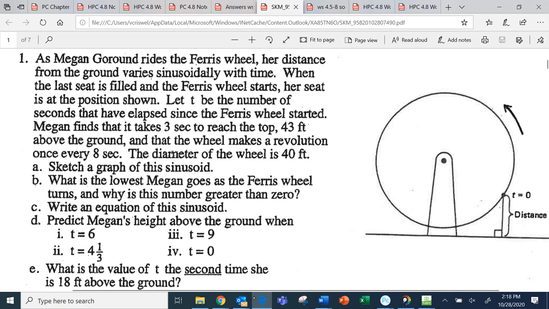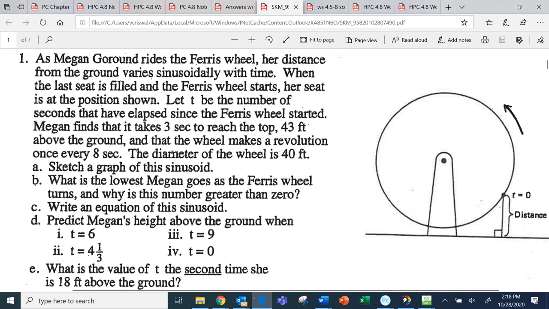Because it's not going to touch the ground because you lose your feet, right? It's not going to hit the ground. So it'll start somewhat above it. Also, maybe more specifically, the highest point on this Ferris wheel is 43 feet above the ground, but the diameter of the Ferris wheel is 40 feet. So how far above the ground is she when she's at the very bottom?